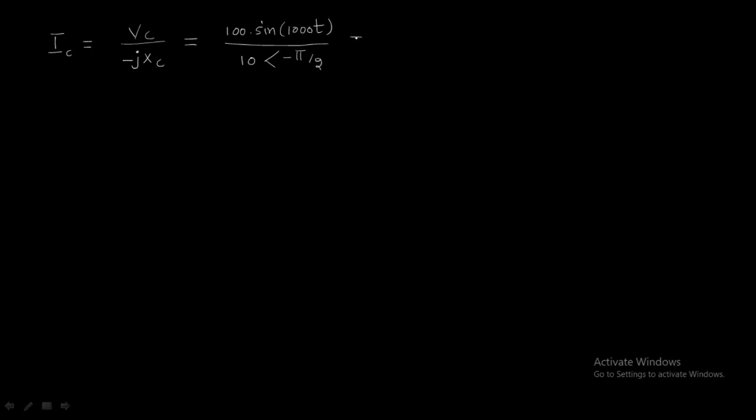This gives 10 sine, and the minus pi by 2 moves to the numerator and becomes plus, so the instantaneous capacitive current is 10 sine 1000 t plus pi by 2.